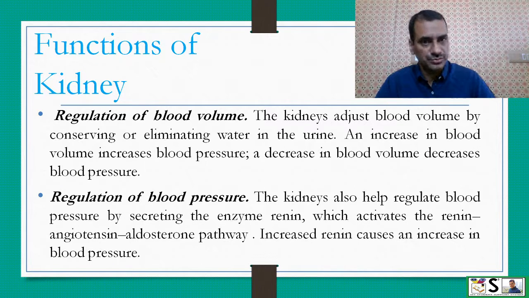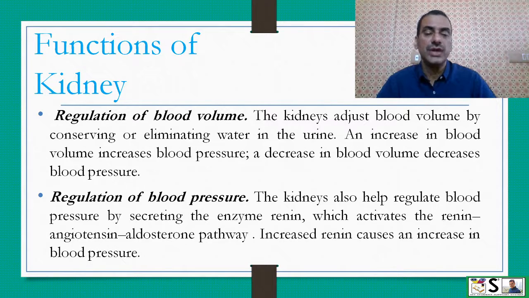Regulation of blood volume. The kidneys adjust blood volume by conserving or eliminating water in the urine. An increase in the blood volume also increases blood pressure, and decrease in the blood volume decreases blood pressure. Regulation of blood pressure.